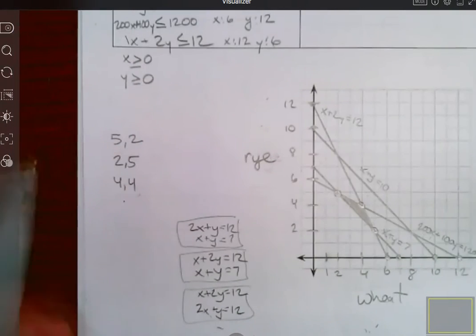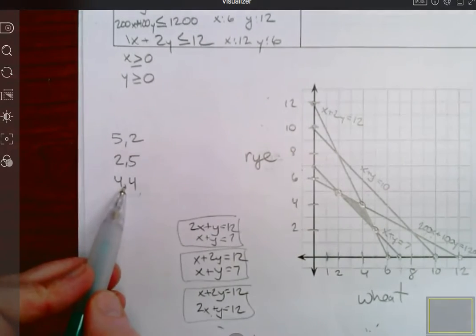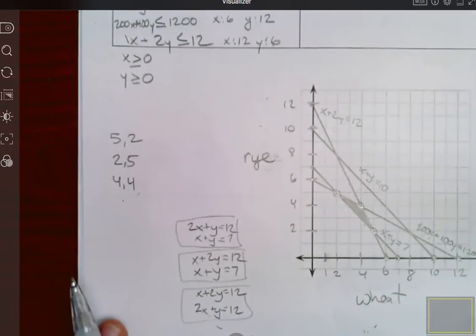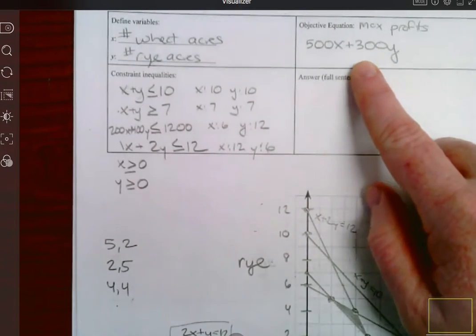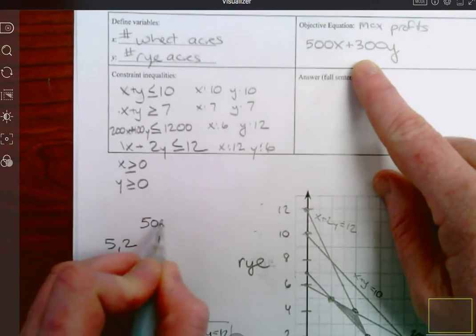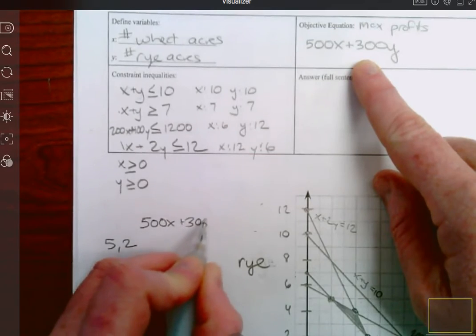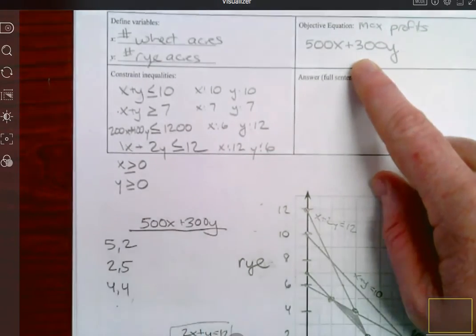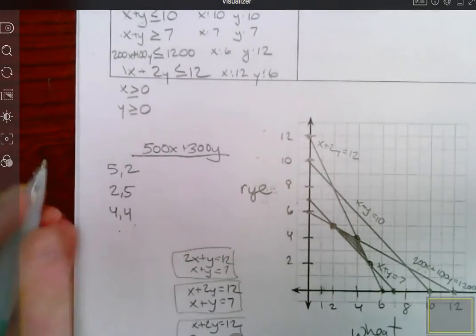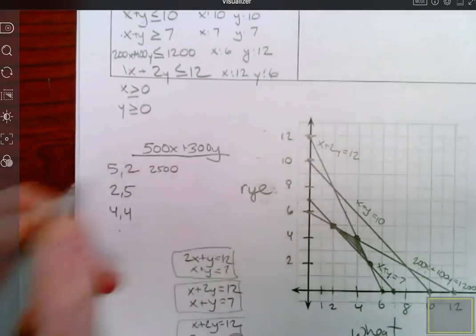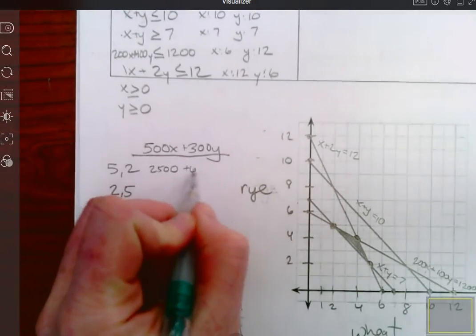I can't remember. Okay, so now we're going to plug these points, those combinations, into our objective equation that we're trying to maximize. So we have 500x plus 300y. Which combination maximizes our profits? 5 times 500 is 2,500. 2 times 300 is 600.